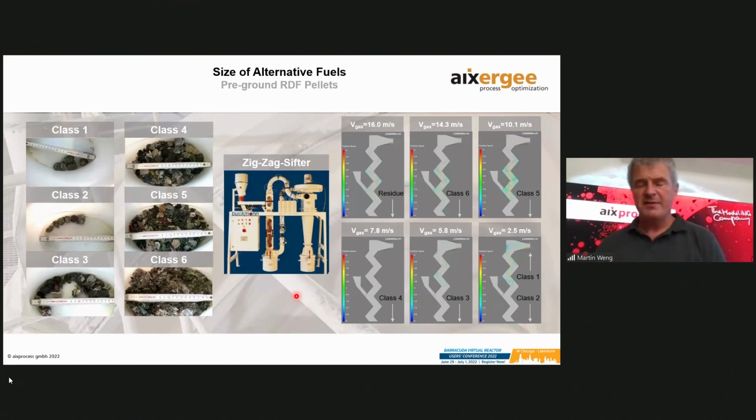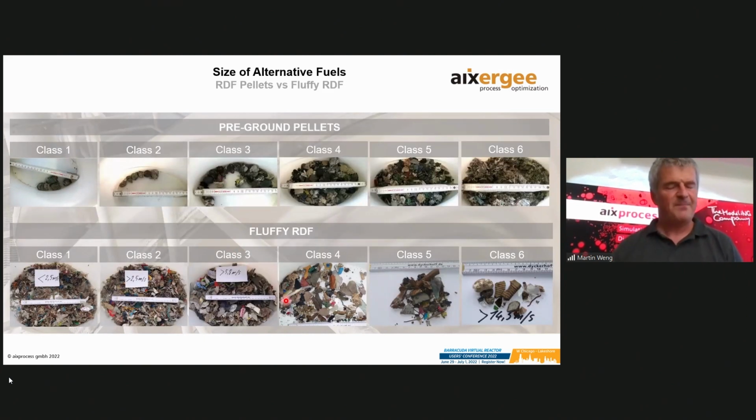You remember that in the title, we named it smart simulation. So what is smart in this kind of simulation? With this material, which you can see here, this is the pre-ground RDF pellets. And I go one slice further, and this is the fluffy RDF.